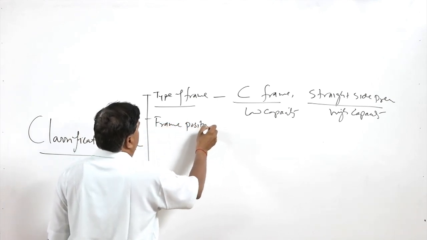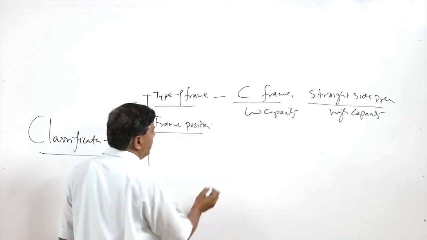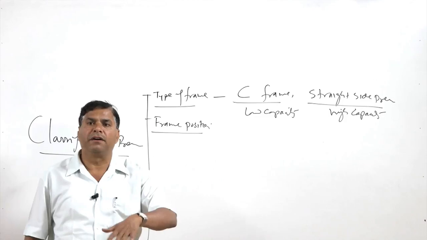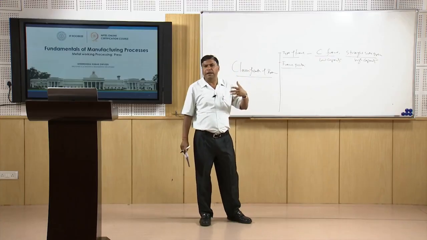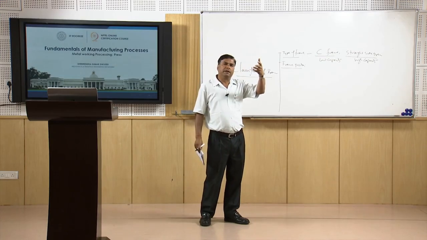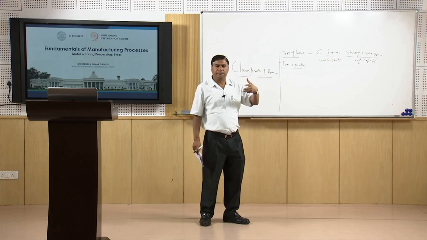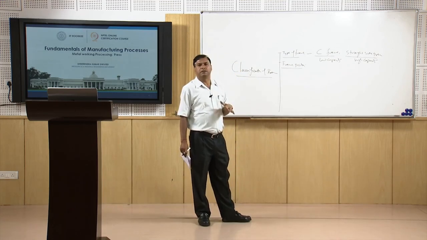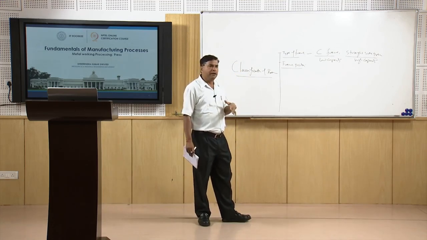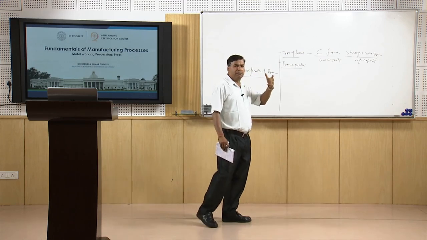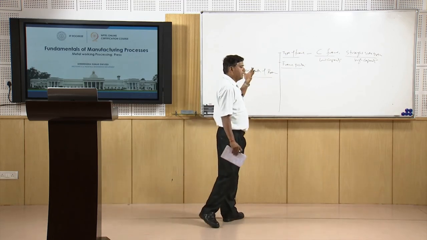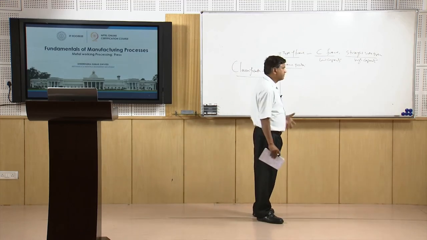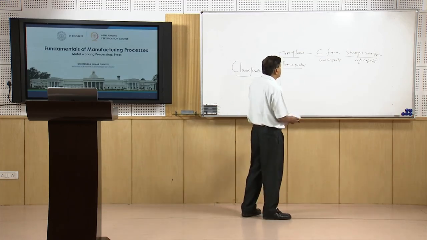What is the frame? The frame is the main member of the press which accommodates the prime mover or the drive mechanism. It houses the bed and all the components which ensure proper rigidity as well as the relative movement of the different parts in the press operation.